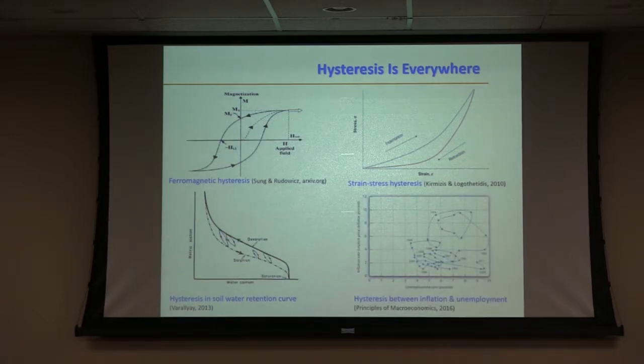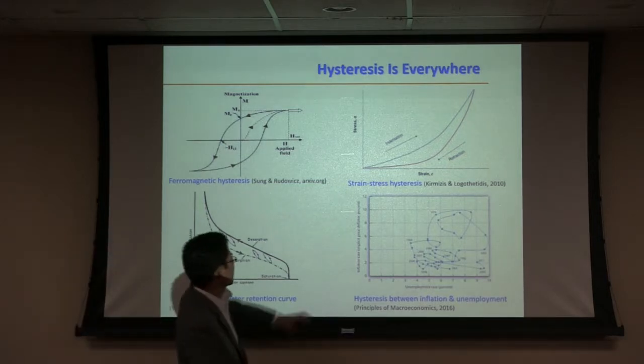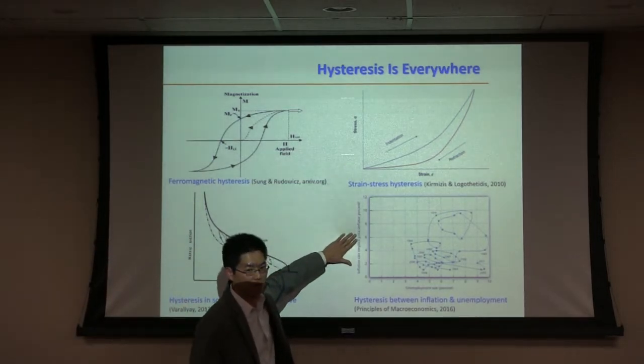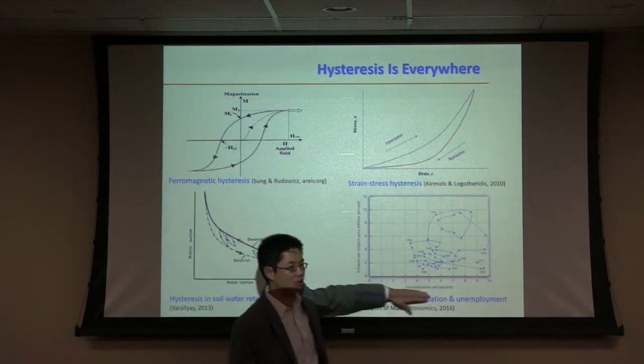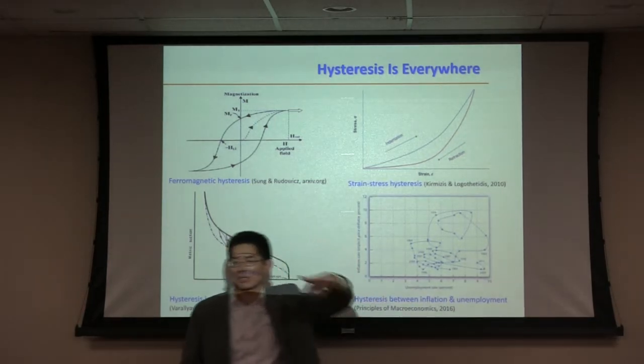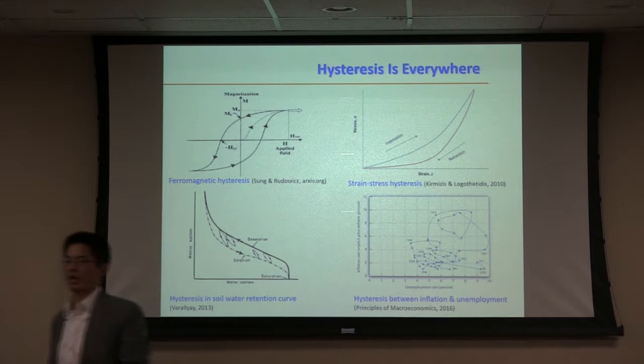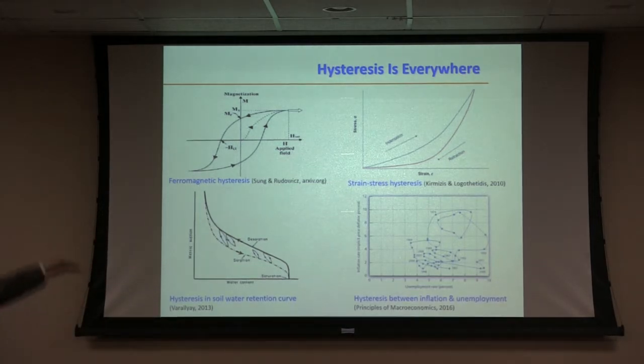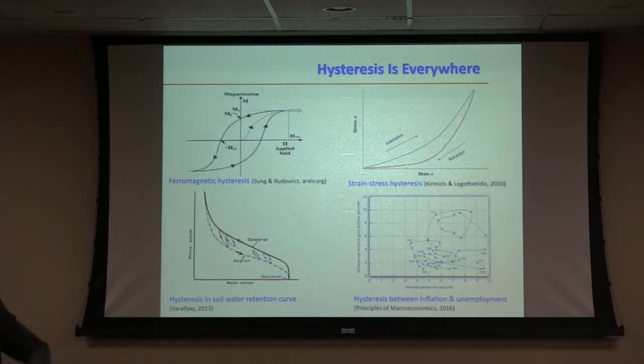This is called the short-run Phillips curve in economics, which shows the relationship between inflation at a particular time versus unemployment rate. Now, typically, that's inversely correlated because when you have a high unemployment rate, the economy is not going very strong, so the inflation is also typically down, and vice versa.